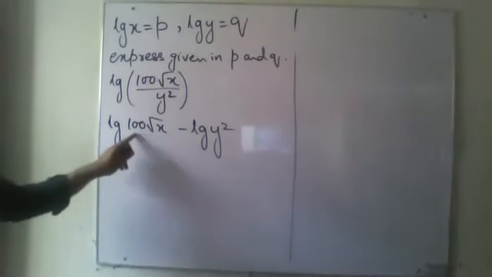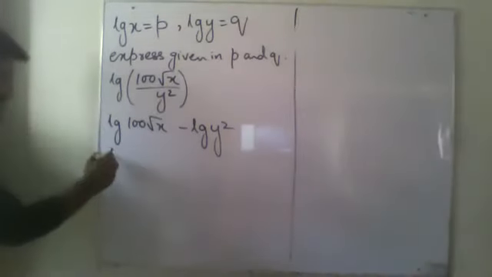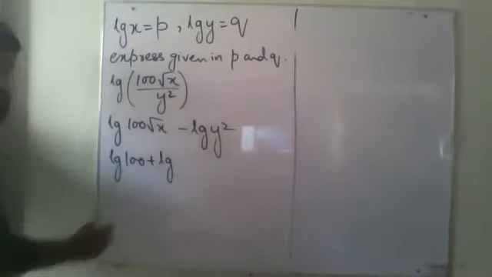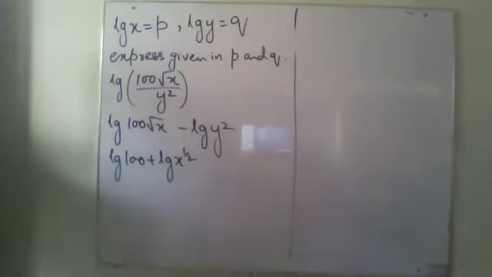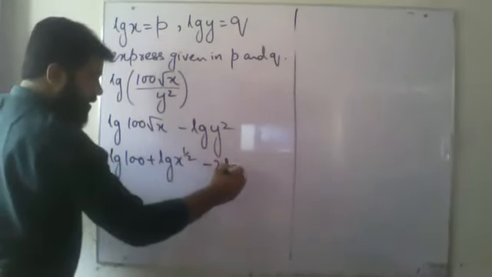Now these two are in multiplying form. So this will become log 100 under root x, which can be written as x power half, minus 2 will be written before log, 2 log y.